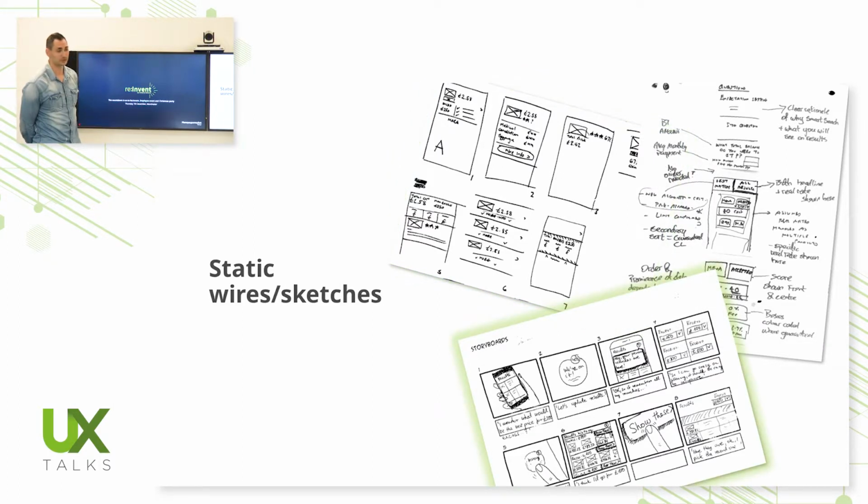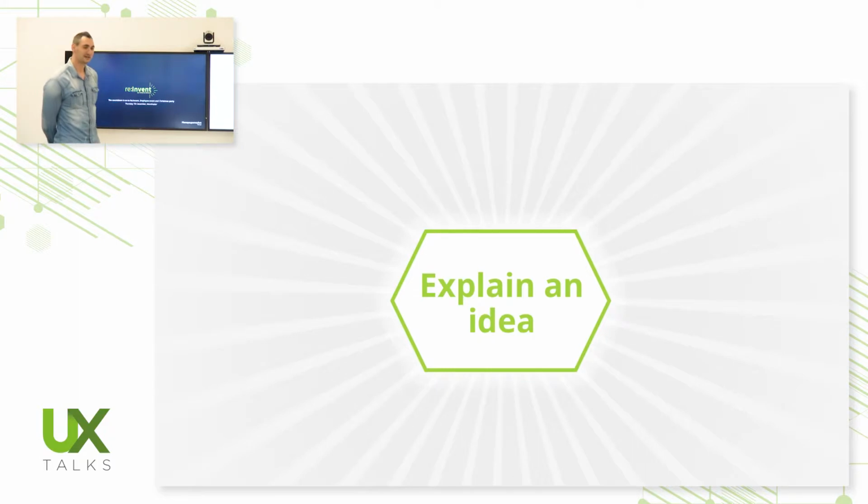And the third one is a storyboard, which explains a journey using these wires we just sketched. So here is our first superpower. It's obvious: with static wires, you can explain an idea really fast.